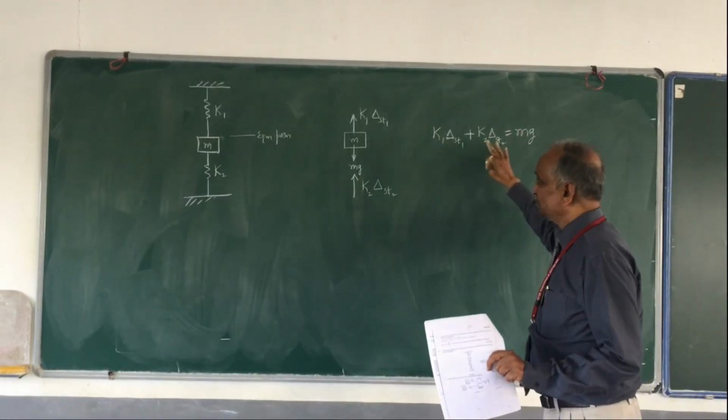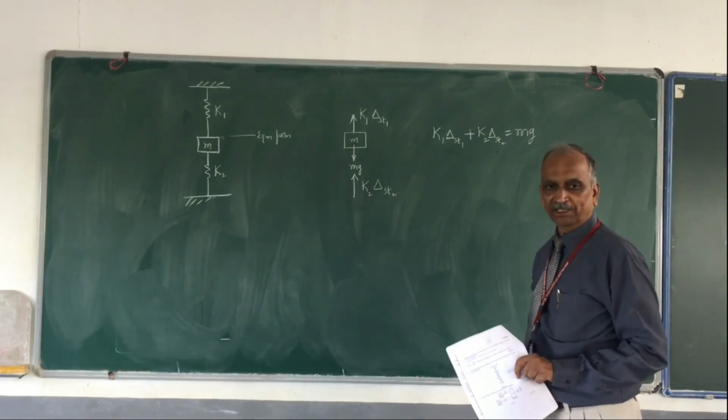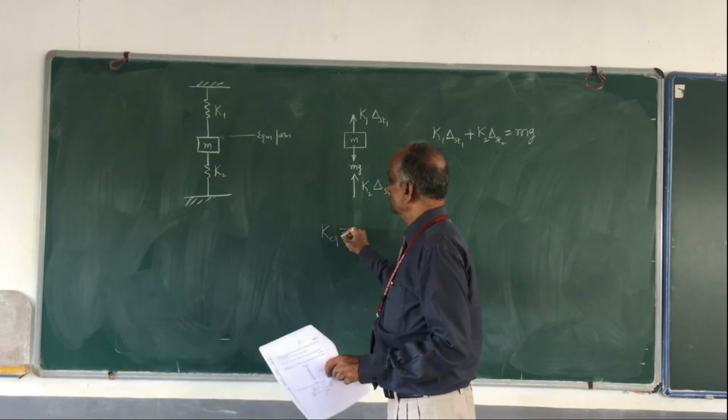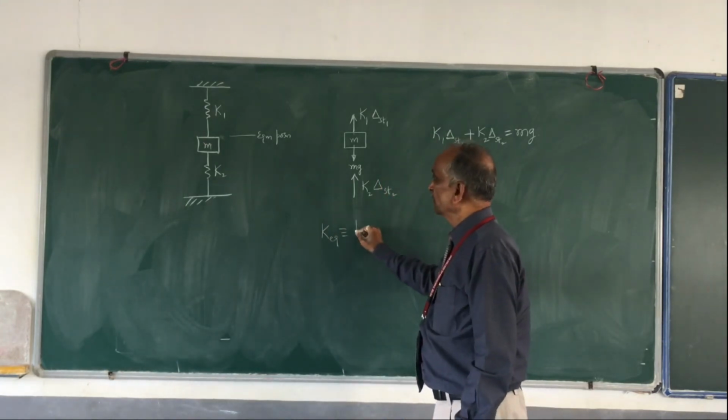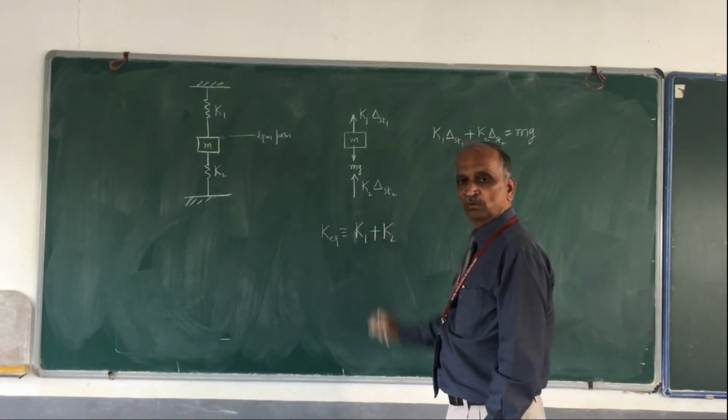When the force is shared in the arrangement by the two springs, they are always in parallel. So what is the equivalent stiffness? It is K1 plus K2.